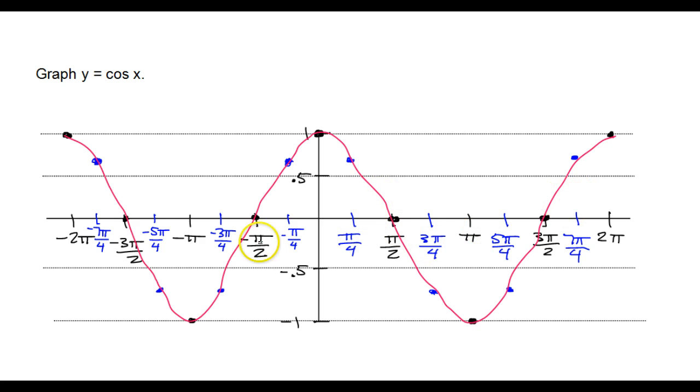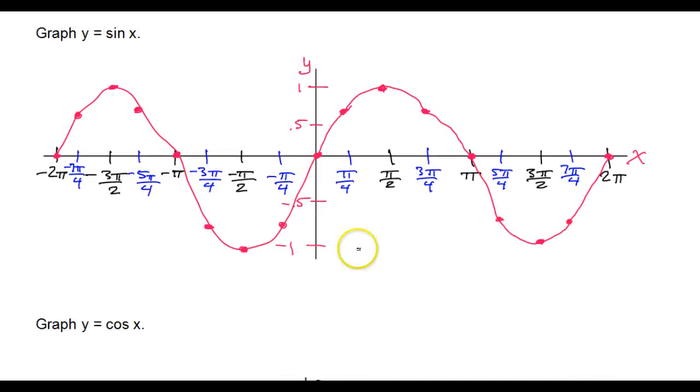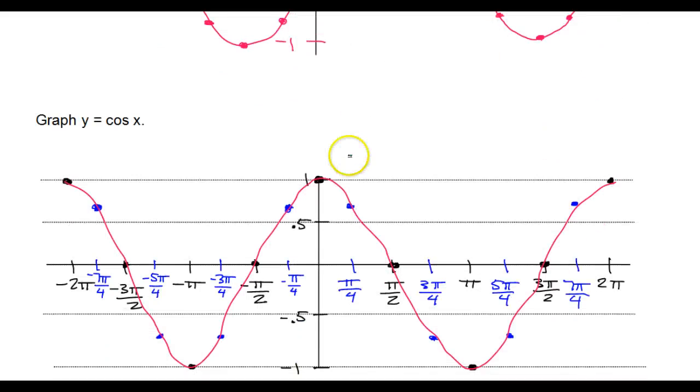Anyway, you can get the idea of how the cosine is going. And again, it would continue this pattern on, down and up forever in both directions. Down, up, down, up. And that, my friends, is how you graph the sine function and the cosine function.